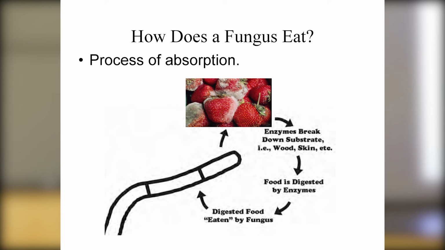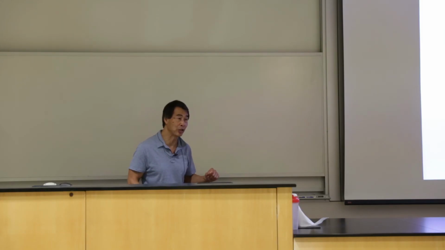Here's an example. With these strawberries, fungus is growing throughout its food and it's digesting it this way. One thing I want to make clear is that one fungus will not be able to digest or eat up that whole strawberry. It works in a manner of succession.